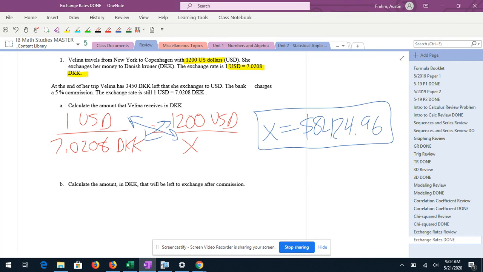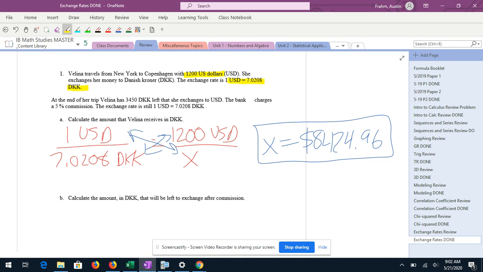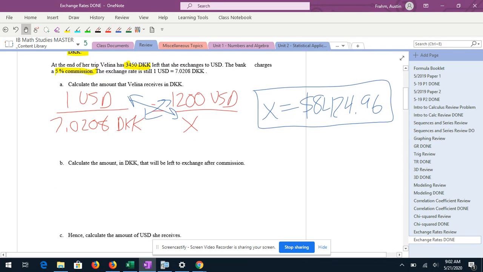Letter B says calculate the amount in DKK that will be left to exchange after the commission. So at the end of her trip, she has this much DKK left, and the bank is charging a 5% commission. So we need to figure out how much is going to be given to the bank.